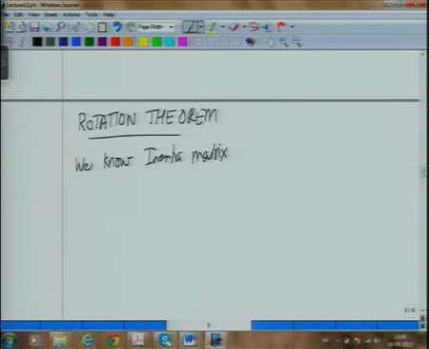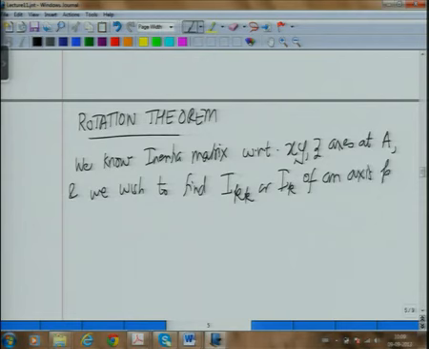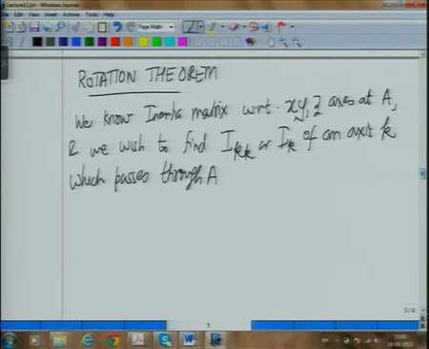If we know the inertia matrix with respect to x, y, z axes at a point A, and we wish to find I_kk, or I_k, of an axis k which passes through A. So let us draw a cartoon.